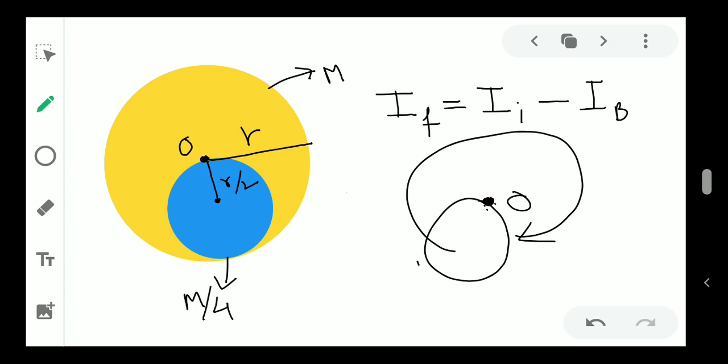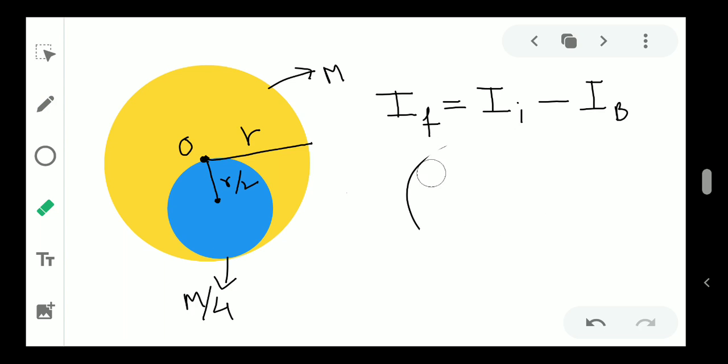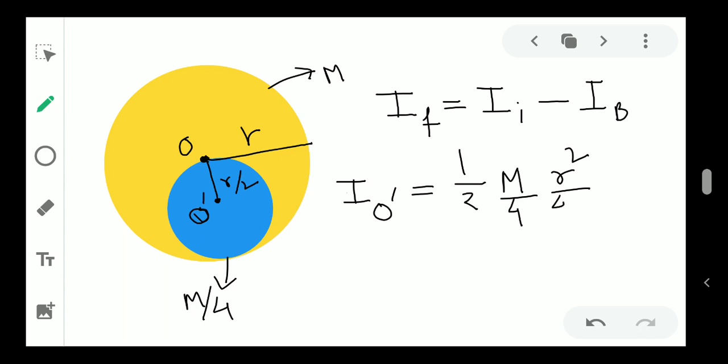That's why you can use the parallel axis theorem to find the moment of inertia. So we know the moment of inertia of the blue disc, if I take O prime as the axis, will be half m by 4 into r by 2 square, so r square by 4.